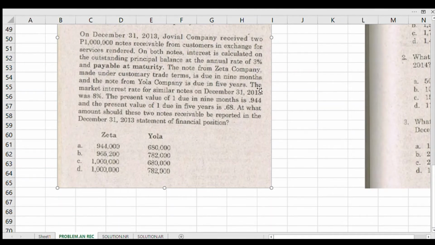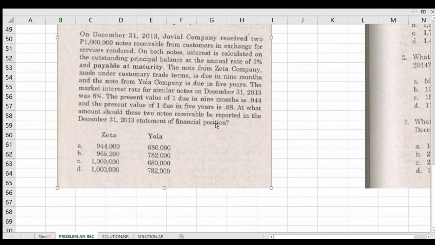Since there are present value factors in this particular problem, it's going to be so easy for us to know the valuation. The question here is, at what amount should these two notes receivable be reported at December 31, 2013 financial position?